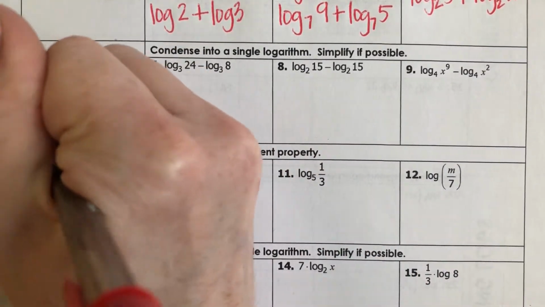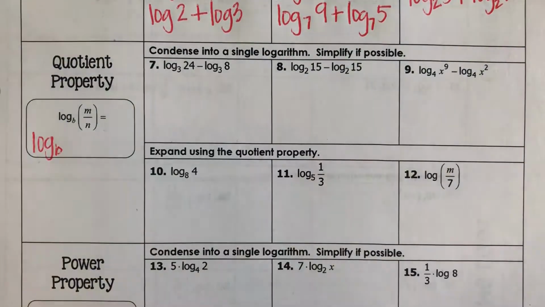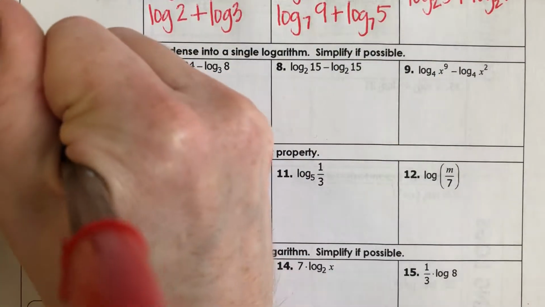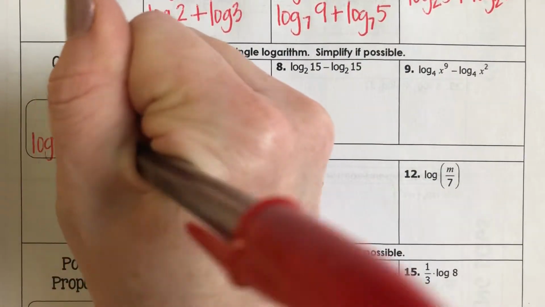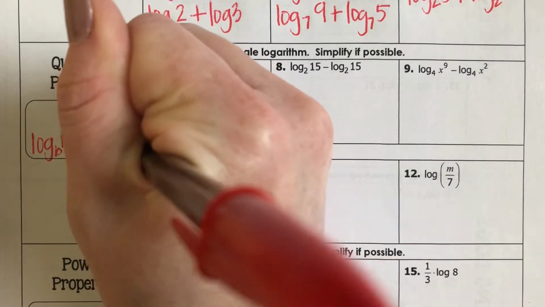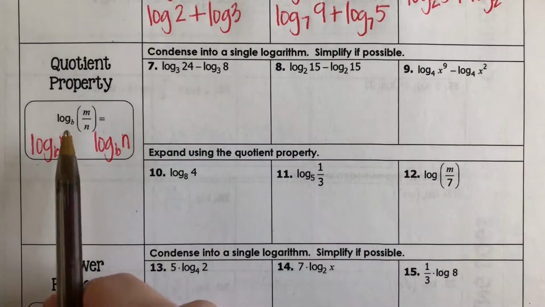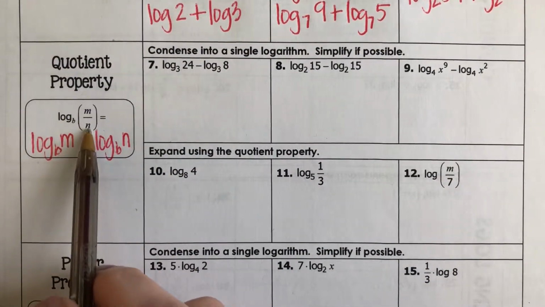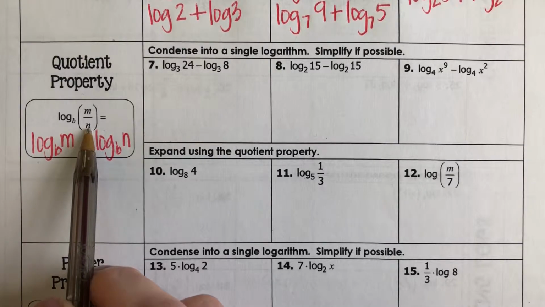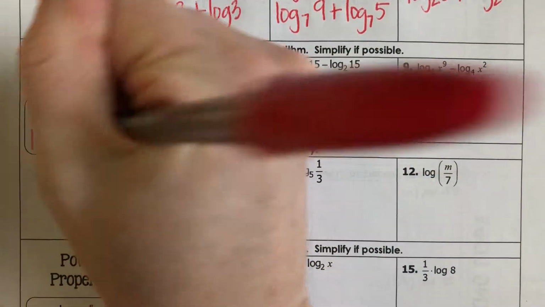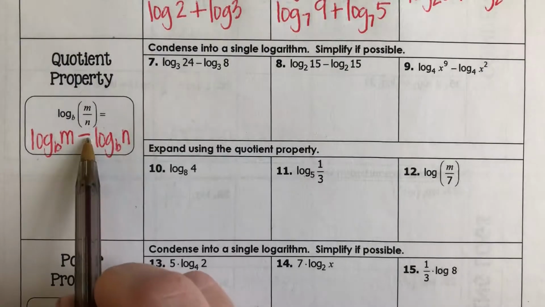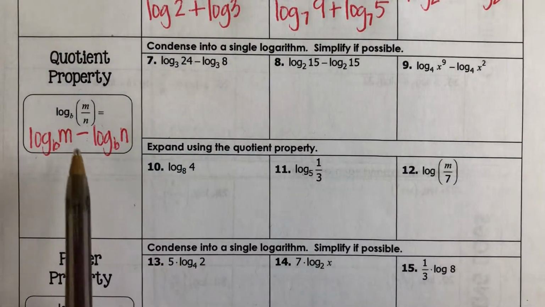So I'm going to take this log base b, and I'm going to separate these two things again into separate logarithms. Now, because the n is in the denominator, it is going to follow the subtraction sign. It's going to come after the subtraction sign.